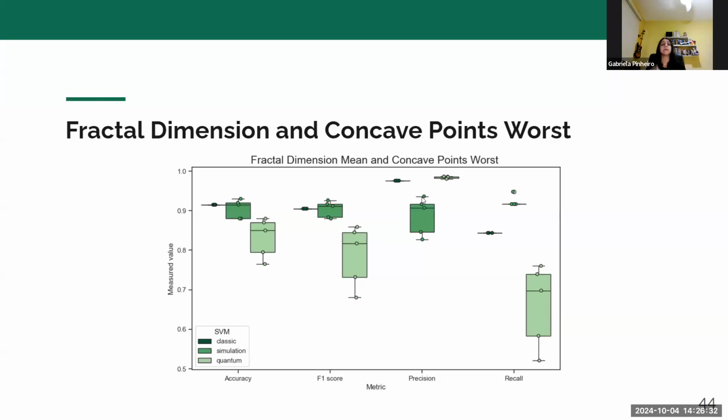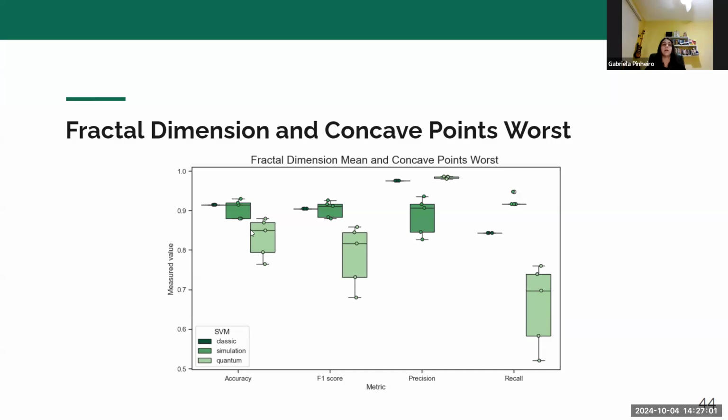Here we have the second case, and here is where the quantum SVM starts to be better than the classical one. With the simulation SVM, both the accuracy and the F1 score were equal or better than the classical in the majority of cases, with the execution on a real device having a little bit more variation, which is expected because of the noise influence.